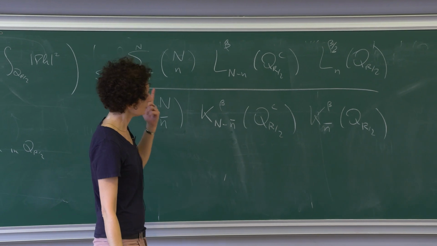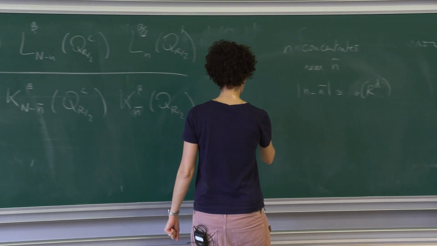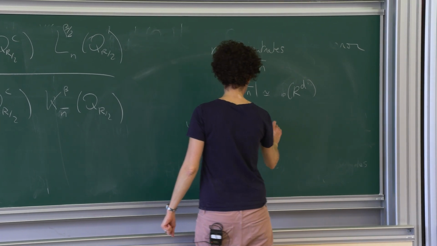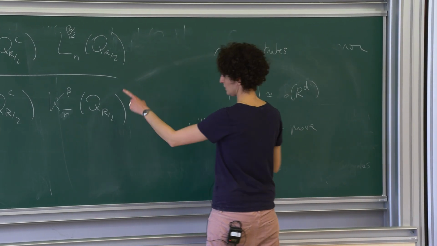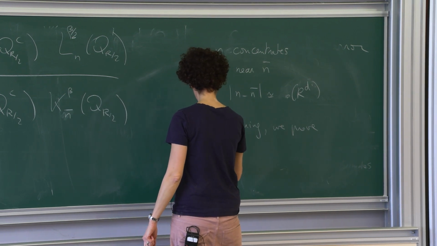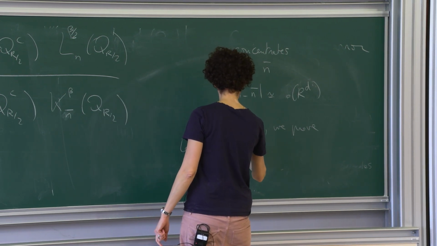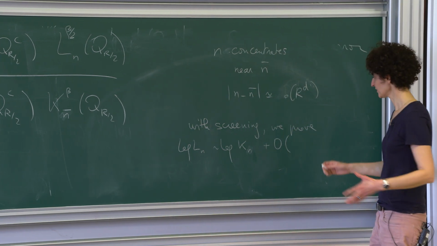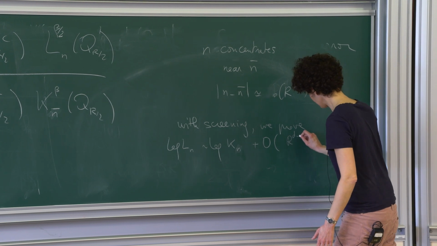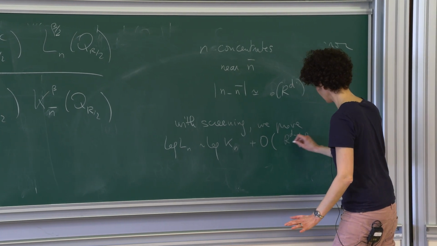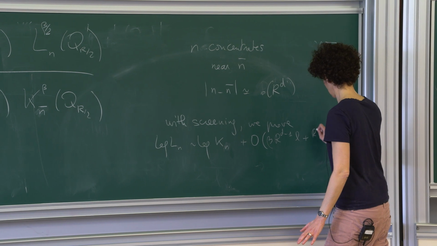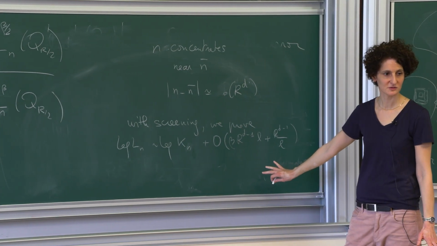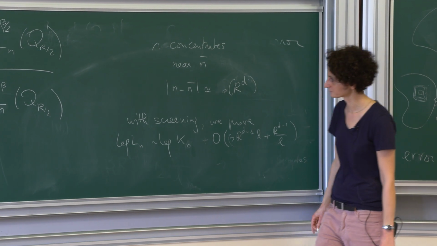Okay, now you remember that with screening, we proved that log Ln is like log Kn up to an error, which is of order R^(d-1) L. Small errors, small with respect to the volume.